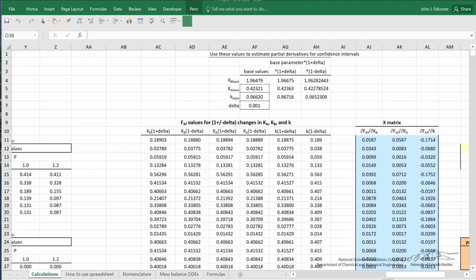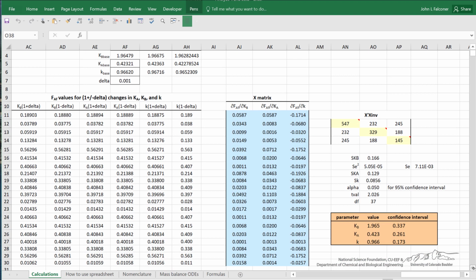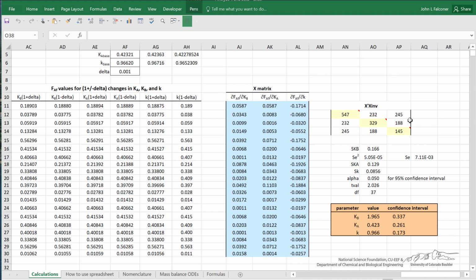So we approximate the partial derivative as a finite difference ratio. And then we calculate this matrix that is used in the parameters, and I won't be able to go into all the details here, but the idea is explained in other screencasts.